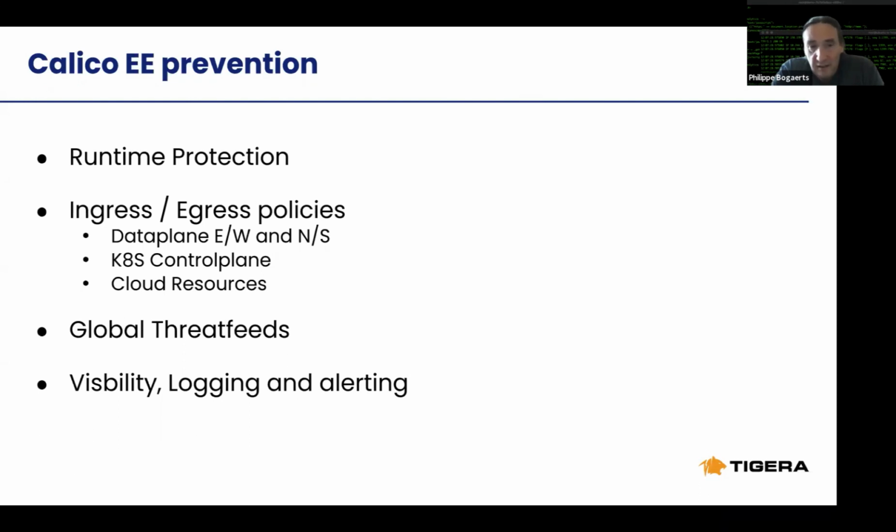I repeat myself probably, but when we talk about ingress and egress policies here, think about data plane movements, so in between, let's say, application pods, east-west, or even north-south communications. But don't forget, please, the Kubernetes control plane, as well as the access to the cloud resources.